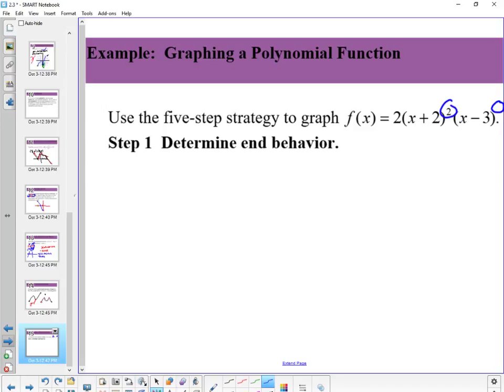Yeah, it's positive. So it should look like this. But what makes it odd? How many degrees for this guy? 2. How many degrees for this guy? 1. 2 plus 1 makes the odd number 3. But it's not negative, right? No. So that's why I didn't flip. So it's this and not this.